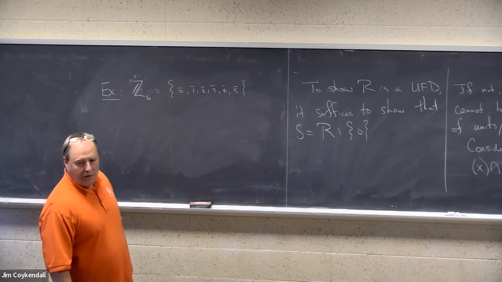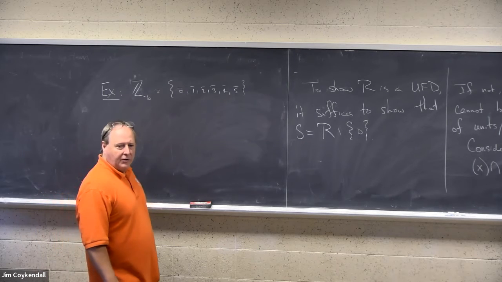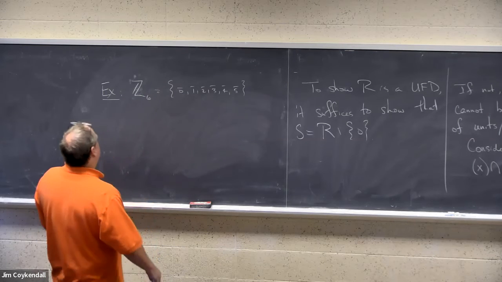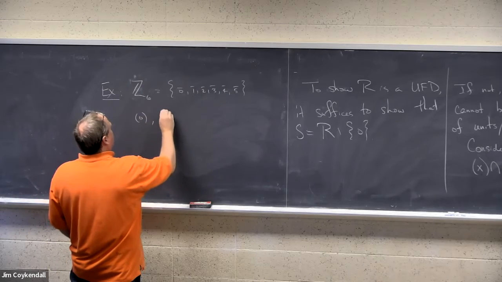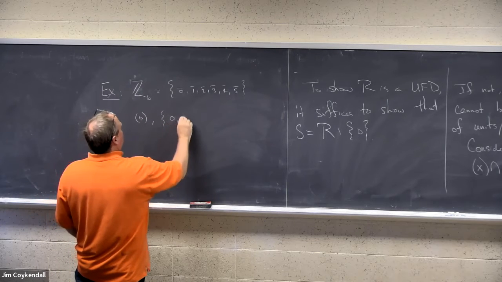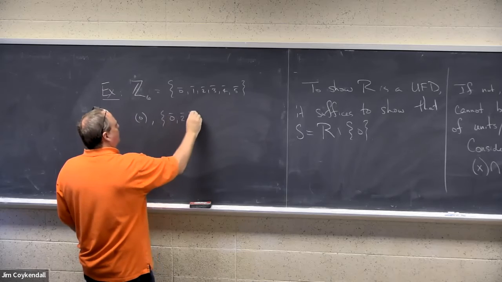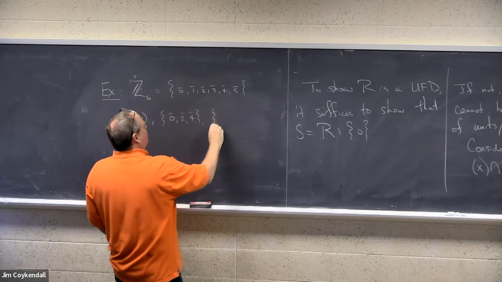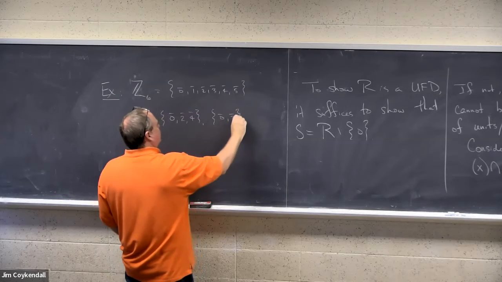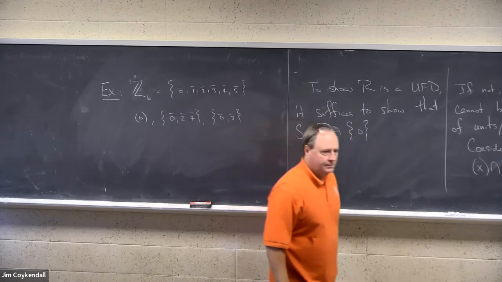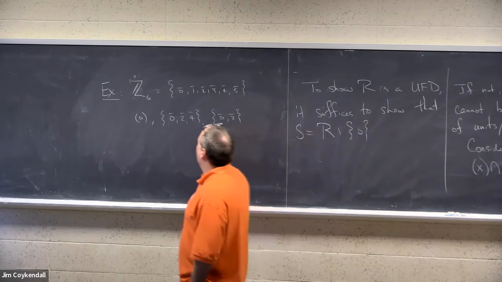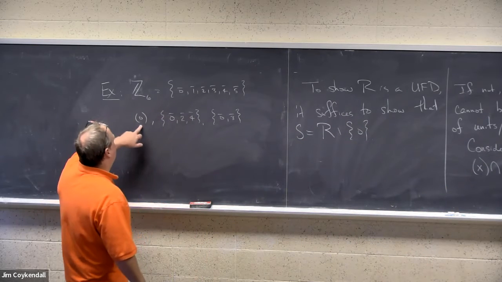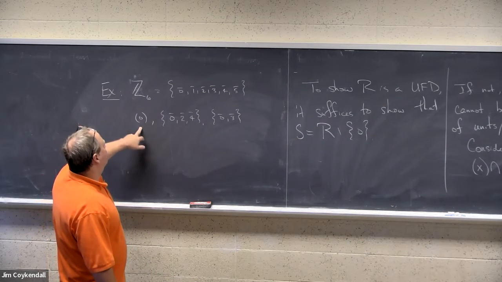It's chock full of zero divisors, and it has precisely 3 proper ideals: the ideal generated by 2, the ideal {0, 2, 4}, and {0, 4}... these are the 3 proper ideals.